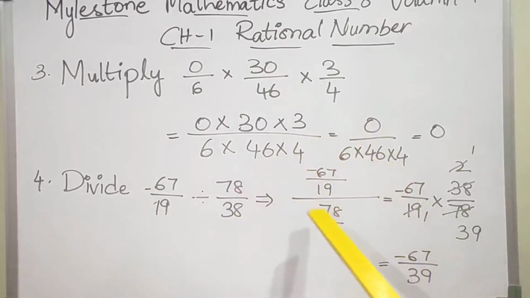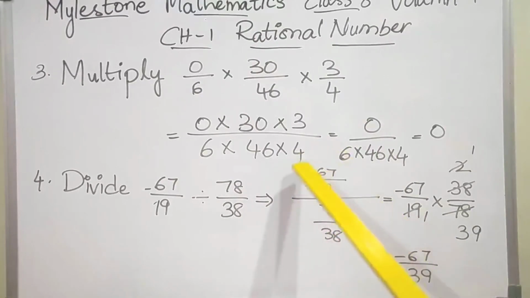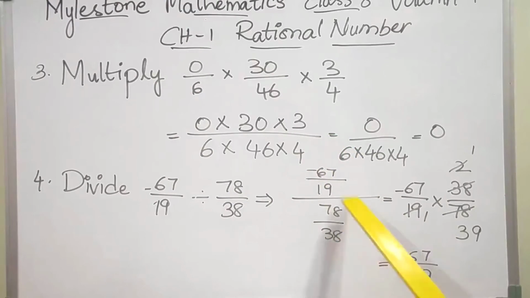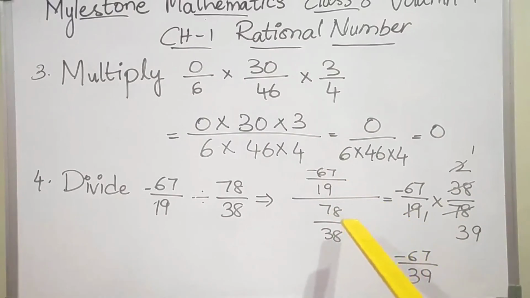So for division, we are taking the whole division part like this, and this whole division numerator in the denominator place. So our numerator here is minus 67 by 19 upon the denominator 78 by 38. If we convert this into the multiplication rule, the division becomes a multiplication.